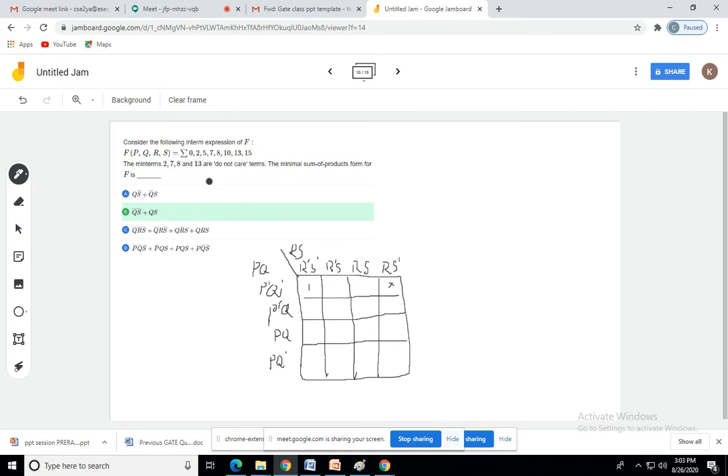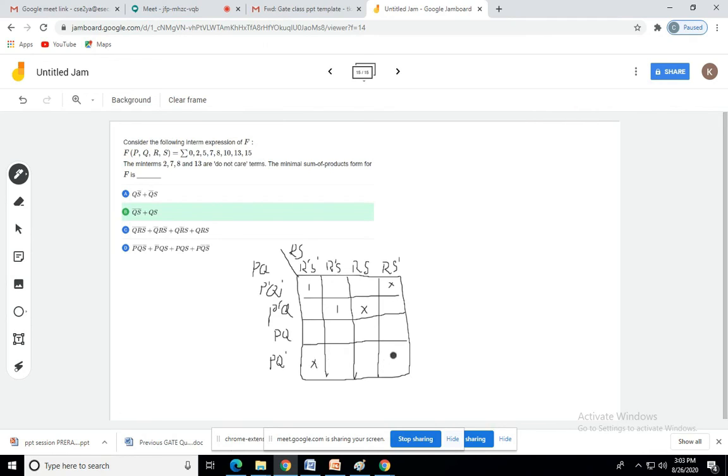0, 2 are plotted, then 5. 0, 1, 2, 3, 4, 5, so 5 comes here. 6, we don't have the minterm. 7 is here, and 7 should be considered as a don't care, so it is represented as X. The next is 8. 8 is a don't care term, so it should be represented as X. 9 we don't have.